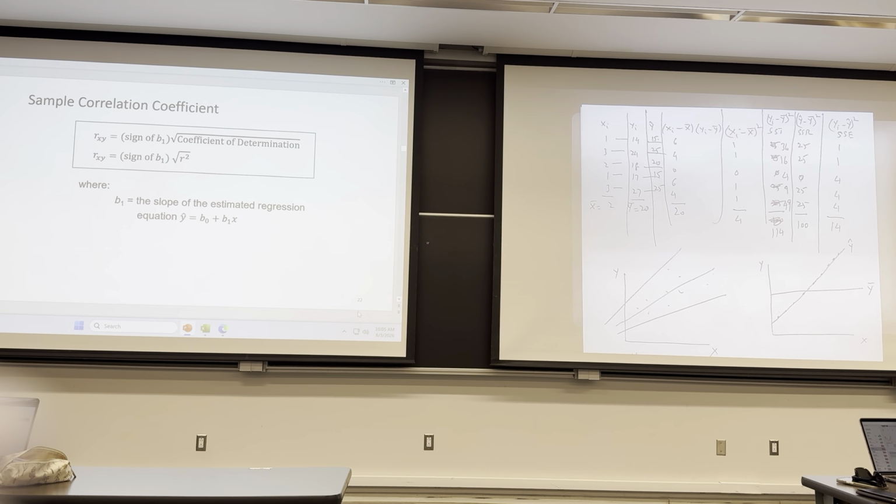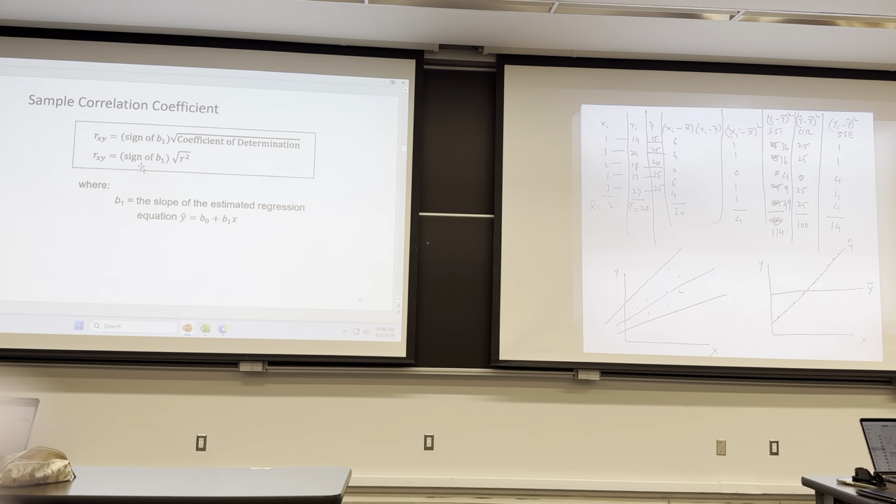For that, you have the coefficient of correlation. Not only does it tell you how strong the relationship is, but it also tells you the direction of relationship. It could be negative, it could be positive. This is your coefficient of determination. The square root of that is the coefficient of correlation, and to that you include the sign of your slope.